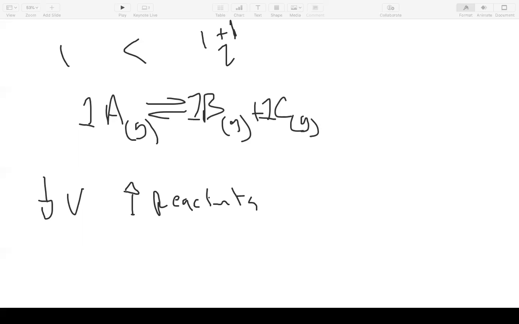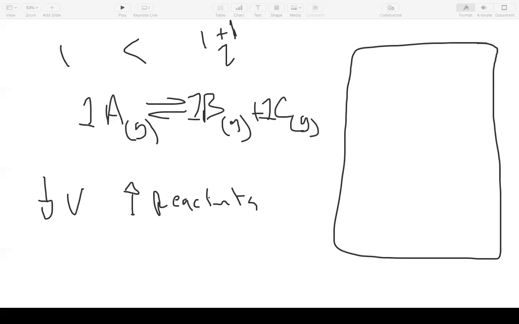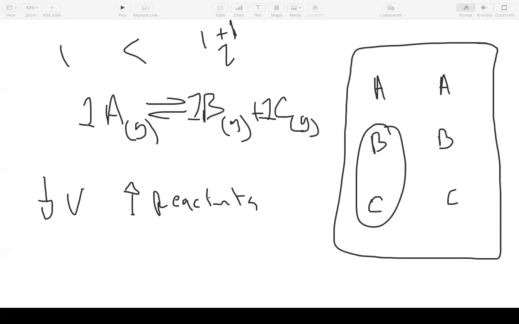Yeah, so if I were to draw a jar like this, and let's say we have A in here, we have B, we have C. And we know that B and C come together, so they appear at the same time because of the chemistry.